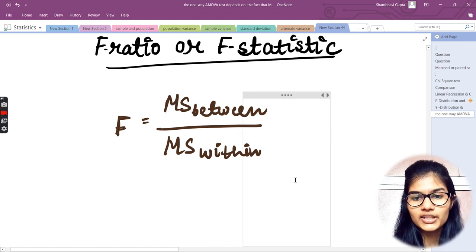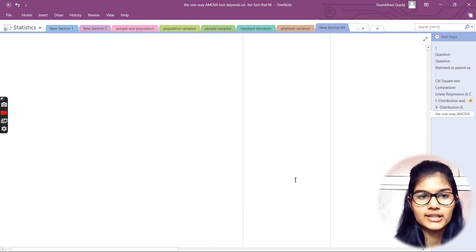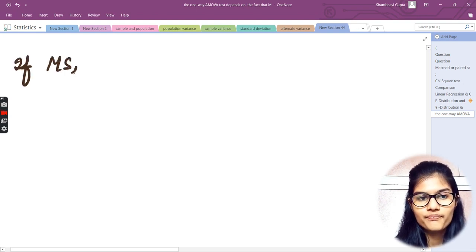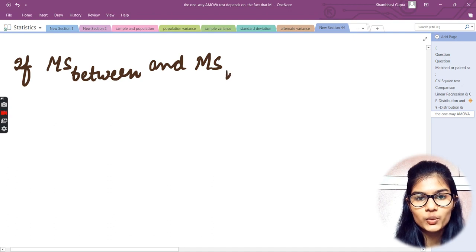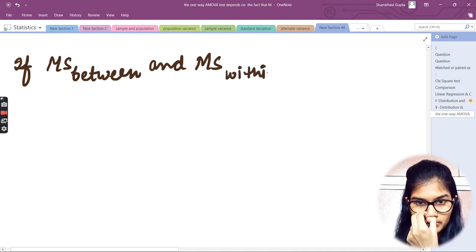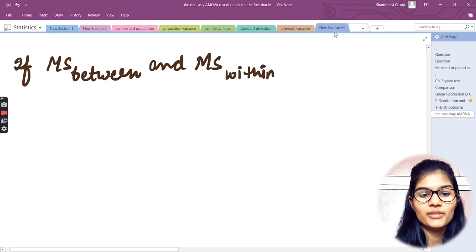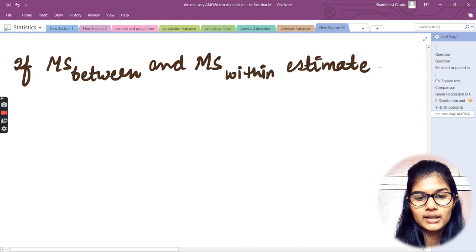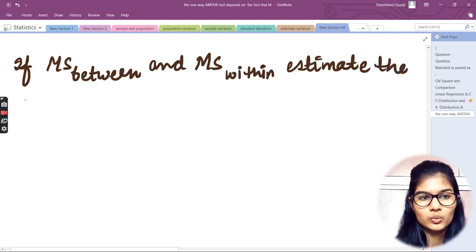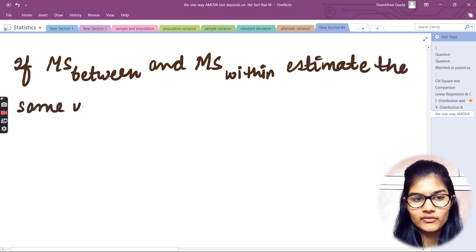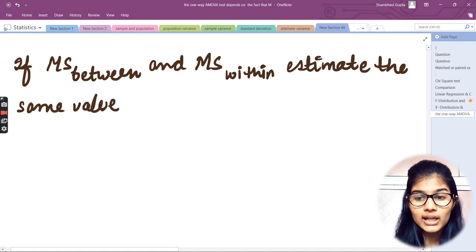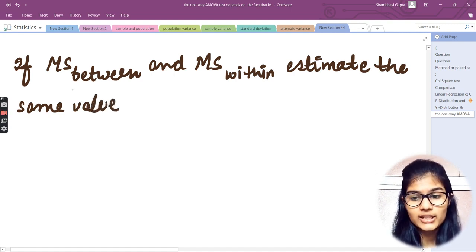Now let me get some space for writing. So here we go: if MS between and MS within estimate the same value, when can both of these estimate the same value?